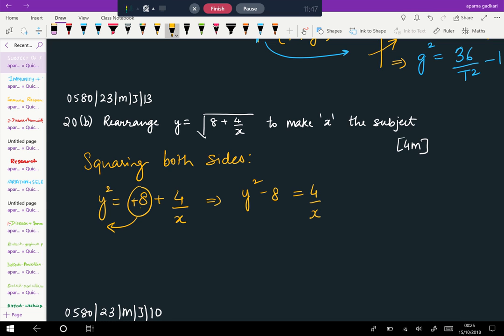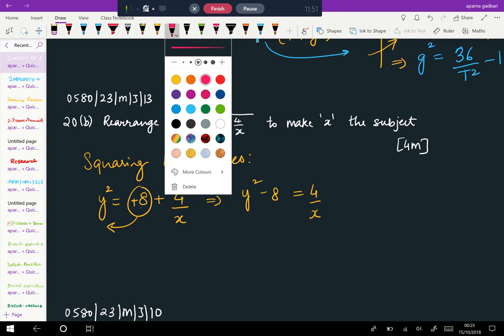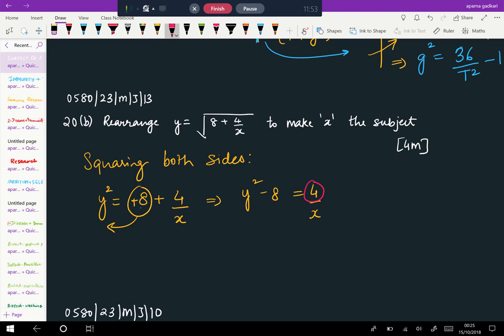Then again, we want only x on the left. What are we going to do? We are then going to remove this 4 and put it on the other side. So what do we get? We get y squared minus 8 divided by 4 equals 1 upon x. And therefore, what do we get? Therefore, we get x into y square minus 8 equals 4. What I've done, I've simply cross multiplied.